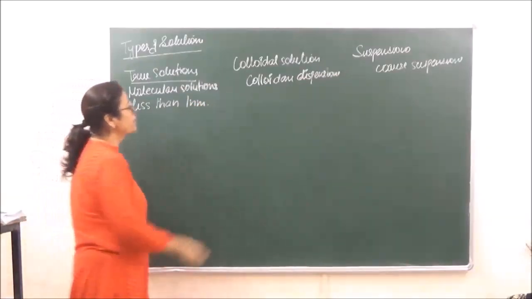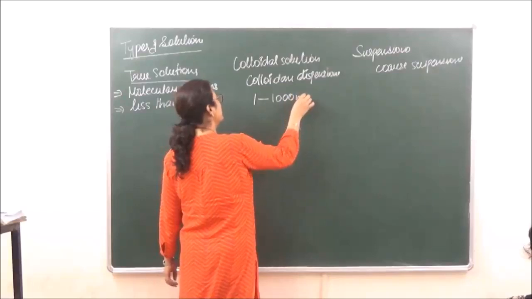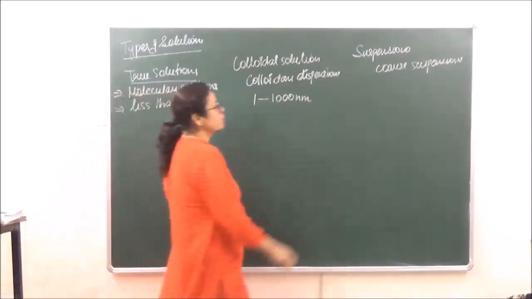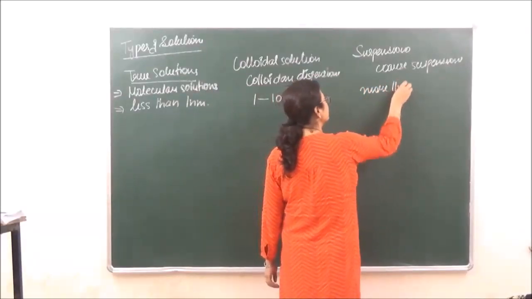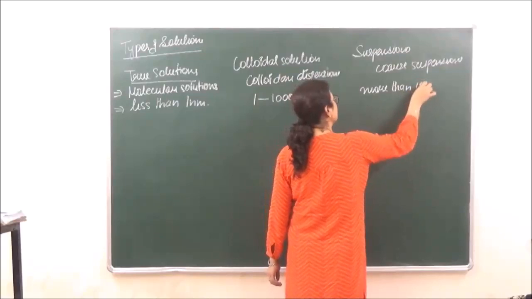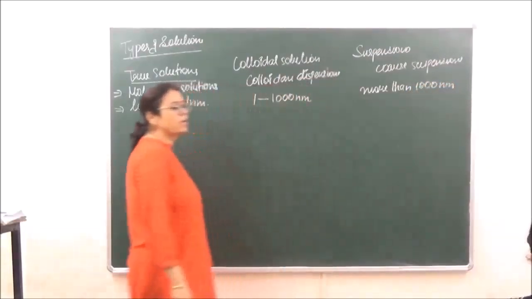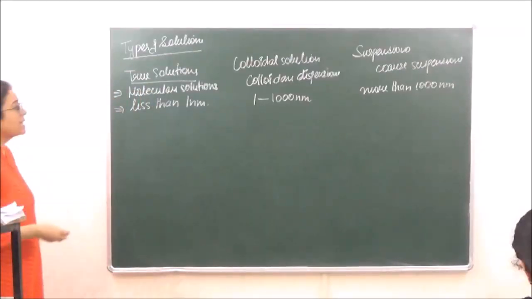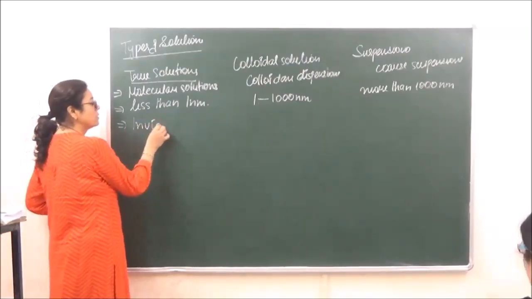Over here in colloidal solution, the particle size is anything between 1 to 1000 nanometers, and in suspensions, the particle size is greater than 1000 nanometers.